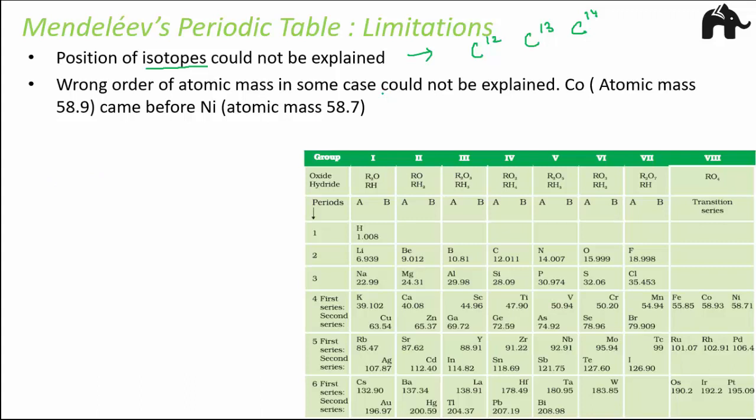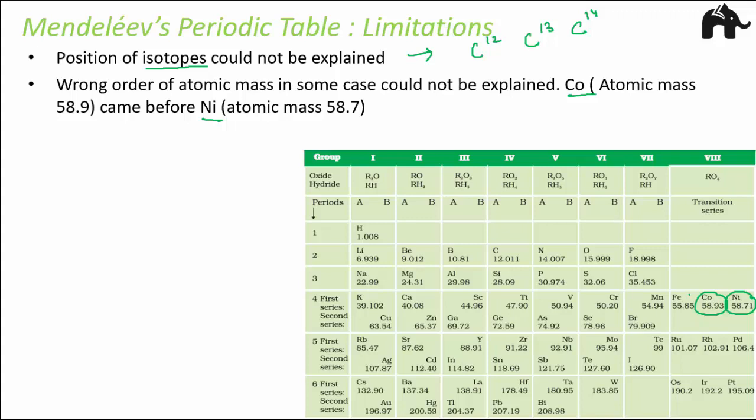The second limitation was that wrong order of atomic mass in some cases could not be explained. For example, cobalt and nickel. So let us find out where we have cobalt and where we have nickel. This is cobalt and this is nickel. It was seen that cobalt has a higher atomic mass but still it came before nickel. The reason could not be explained because, as I told you before, Mendeleev did not arrange these elements directly on the basis of atomic mass.